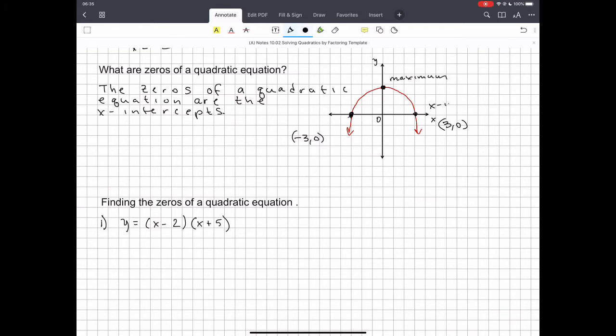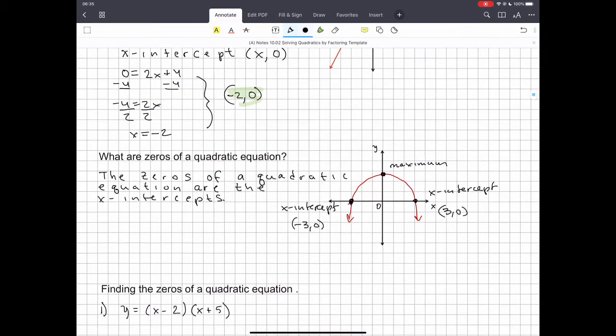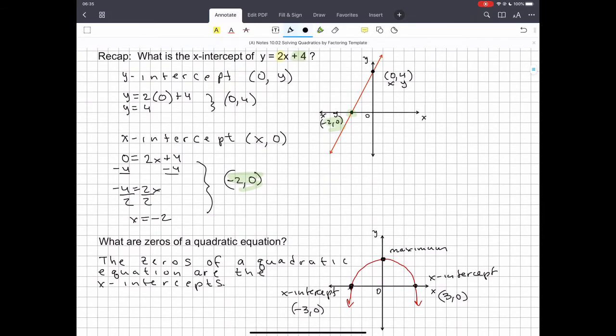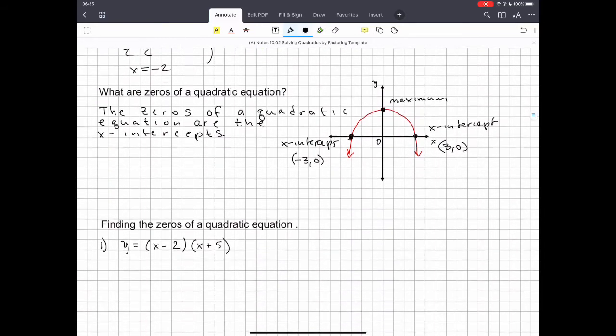This is an x-intercept. And we have that other x-intercept. So our task today, when we're finding the zeros of a quadratic equation, is to find the x-intercepts. And we can do that in much the same way we just did up here. When we're looking for an x-intercept in a linear equation, we replace the y variable with 0 and solve for x. And that's what we're going to do today.